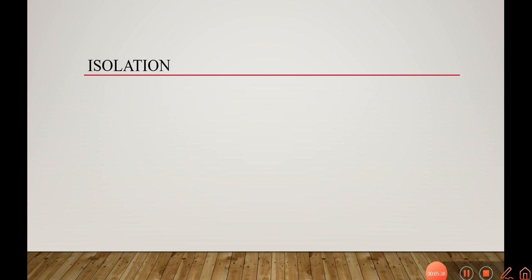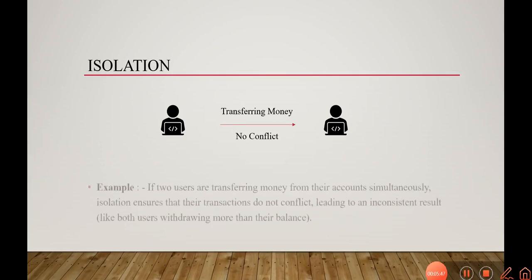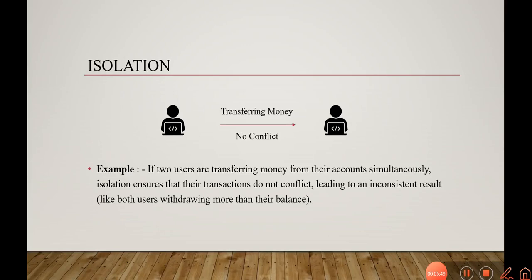Moving forward now, I for isolation. Let's say there are two users and they are transferring money. The transactions occur simultaneously, so it ensures no conflict between the two users, and both users are transferring money without any conflict, and the transaction is happening successfully.